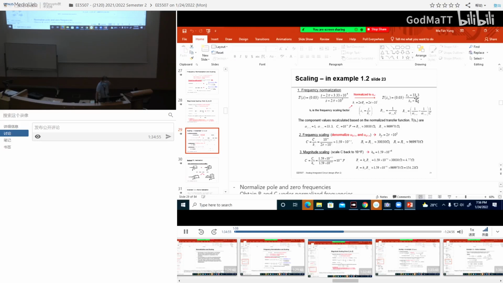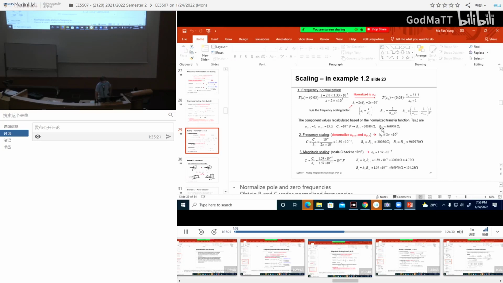And then from the normalized version, we can get the normalized parameter values: R2 normalized, R1 normalized. And then we calculate the component values again after normalization. This is what we get.